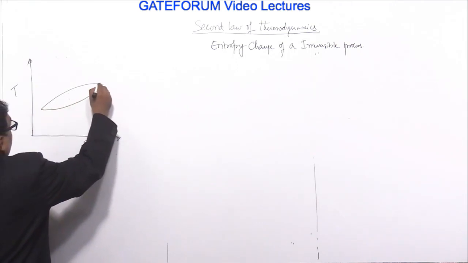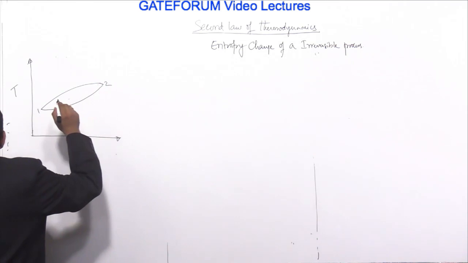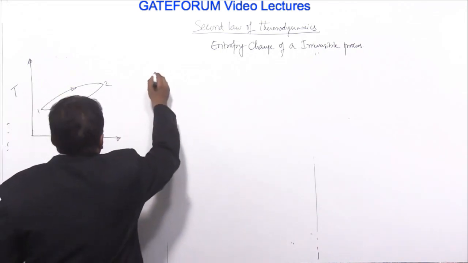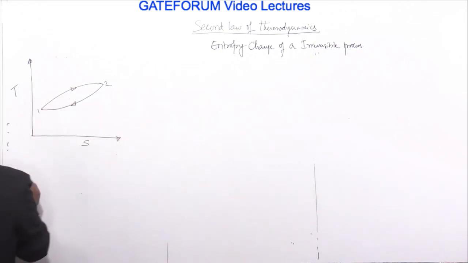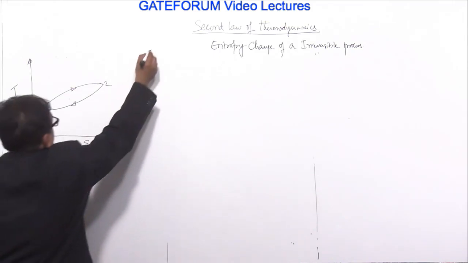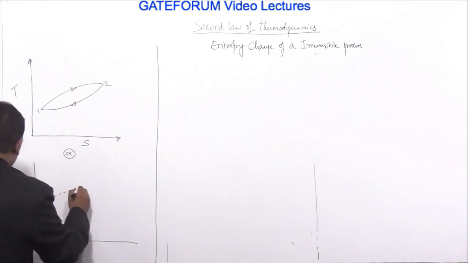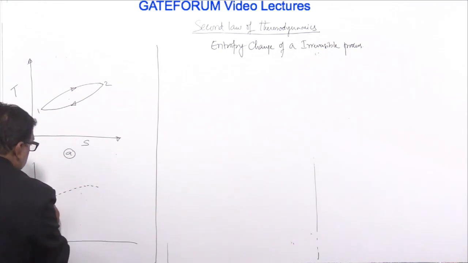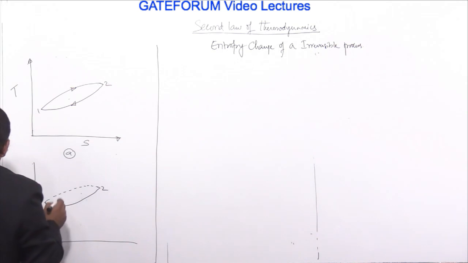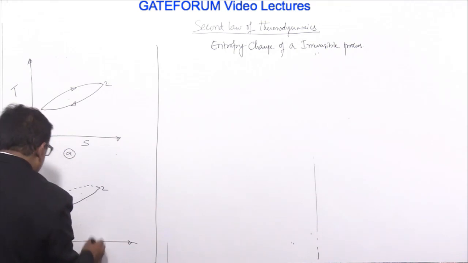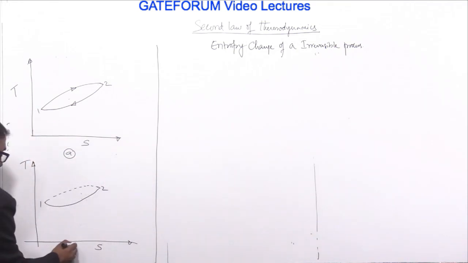Two states, state 1 and state 2. I'll draw T here. This is A.